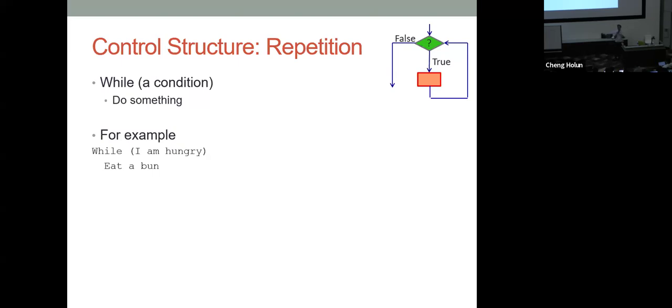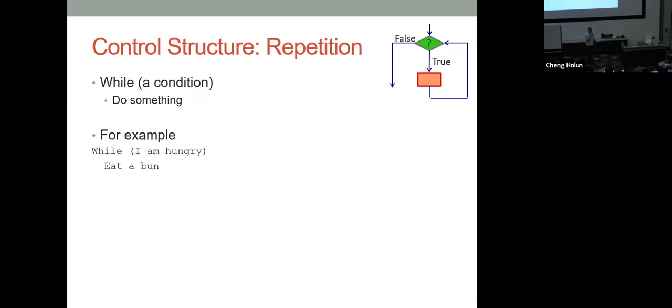The first round you can treat it like if then else. For example, while I'm hungry, hungry is a condition. You go and check whether you're hungry or not. If you're hungry, you eat a bun. But with a simple previous if then else statement, what do you do after you ate the bun? You continue with whatever comes afterwards, right?